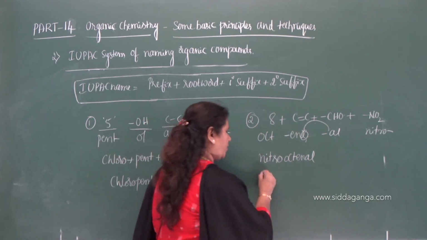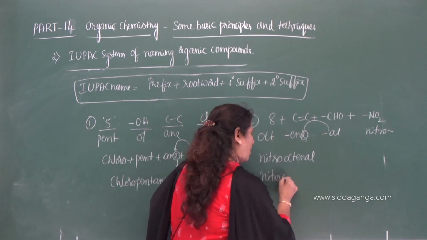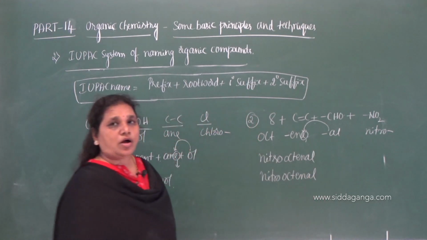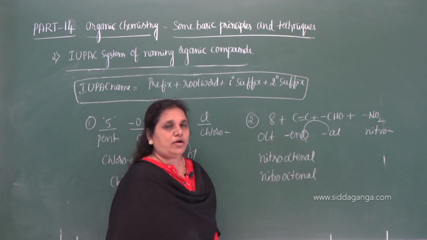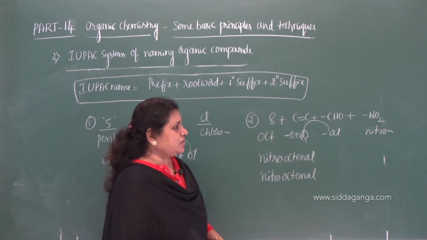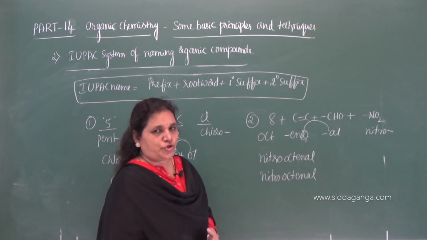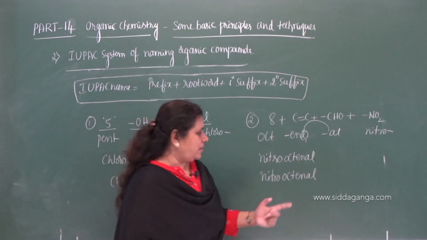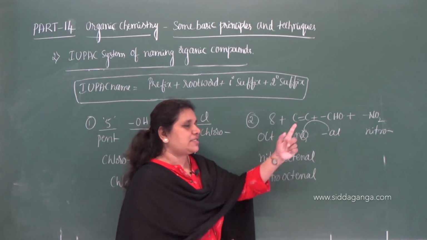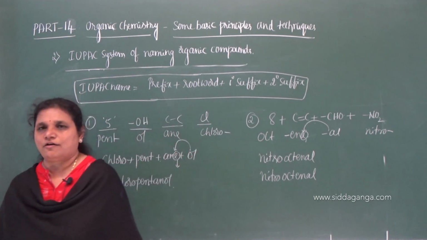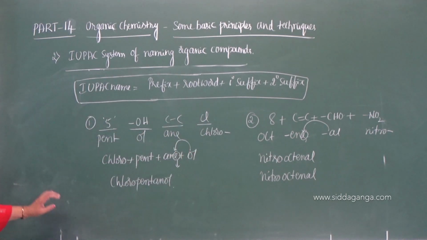So nitrooctenal. This is the IUPAC name. Nitro stands for the prefix for the NO2 group, oct stands for 8 carbon atoms, ene is the presence of the double bond, and al is the presence of the aldehyde functional group.